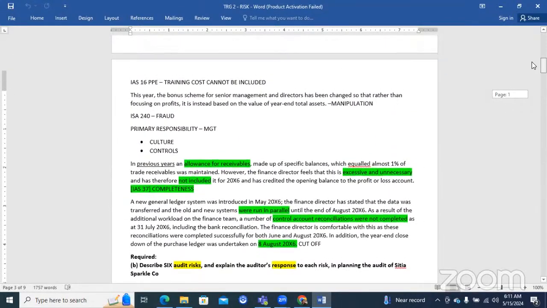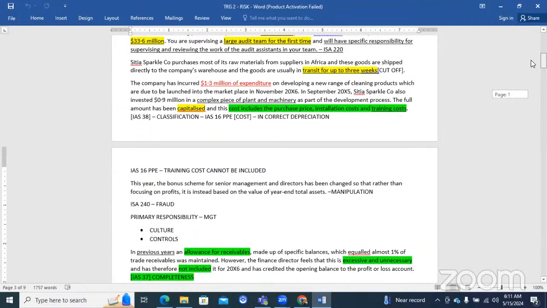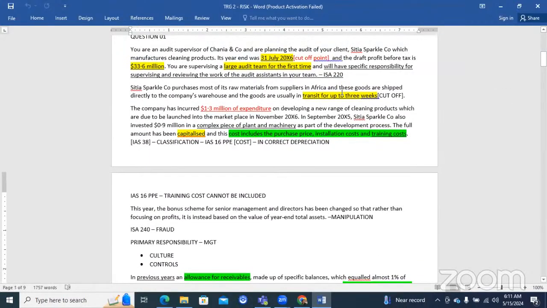So second point here, see the case study scenario. CTR purchases most of its raw material from suppliers in Africa. So Africa is a country located far away from this territory. New range of cleaning products, and shipped directly to the company's warehouse.